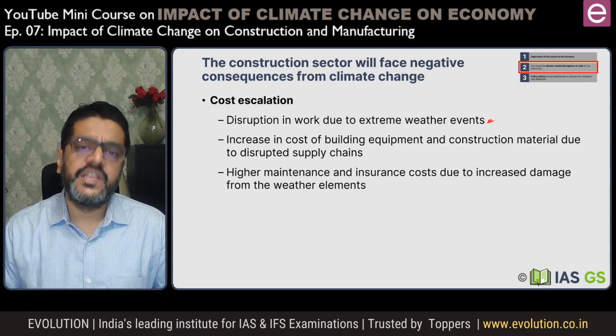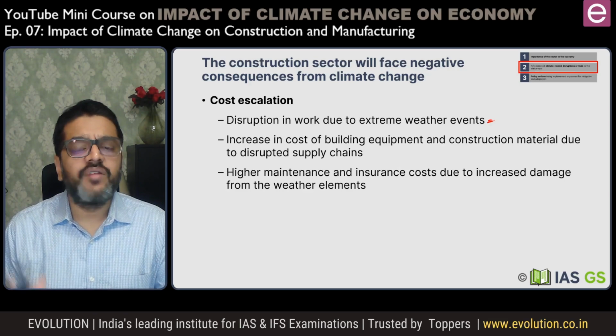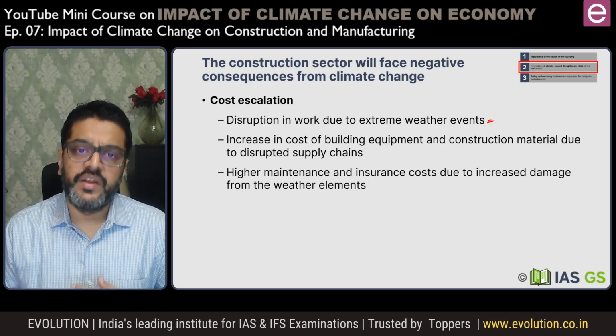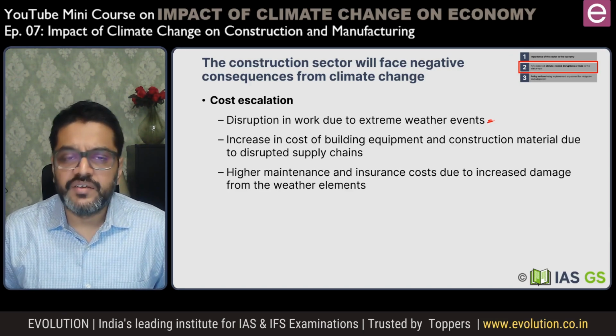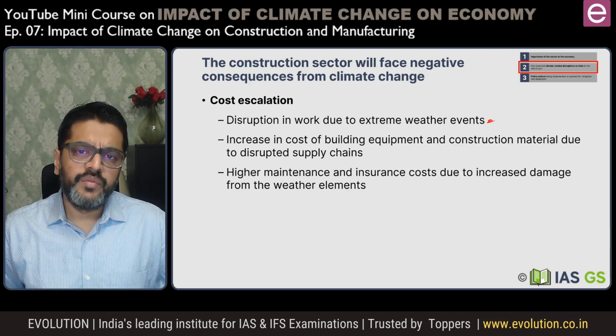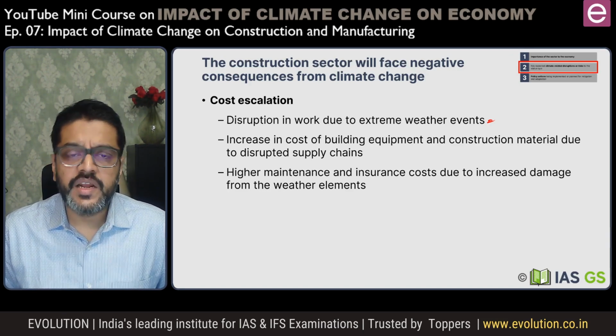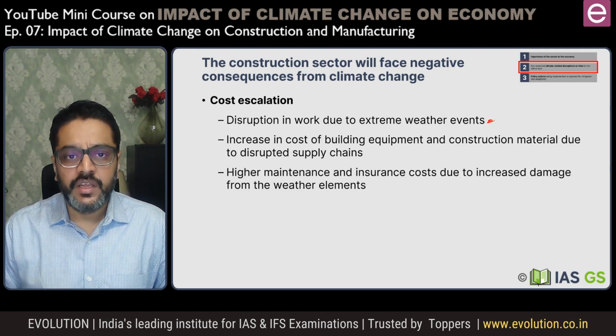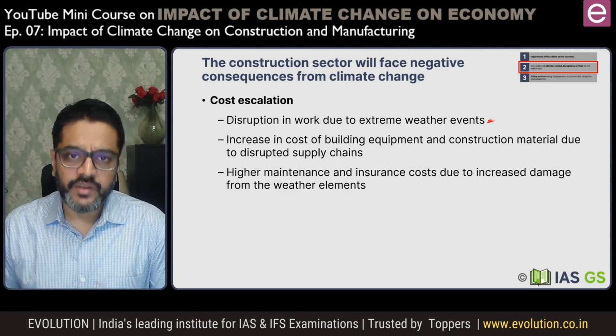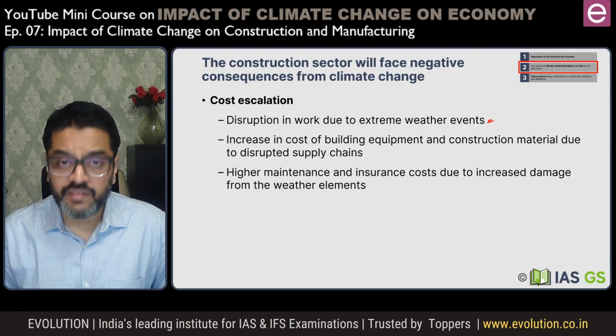Now if you're constructing a large building, for example, you have already planned, maybe I will complete this building in 1 year, but because you can't foresee what climate events will happen in that 1 year period, maybe for 1 month your project is delayed, right? So then your costs increase, right? Even otherwise, if extreme weather events happen, then supplies of the various kinds of material will be disrupted.